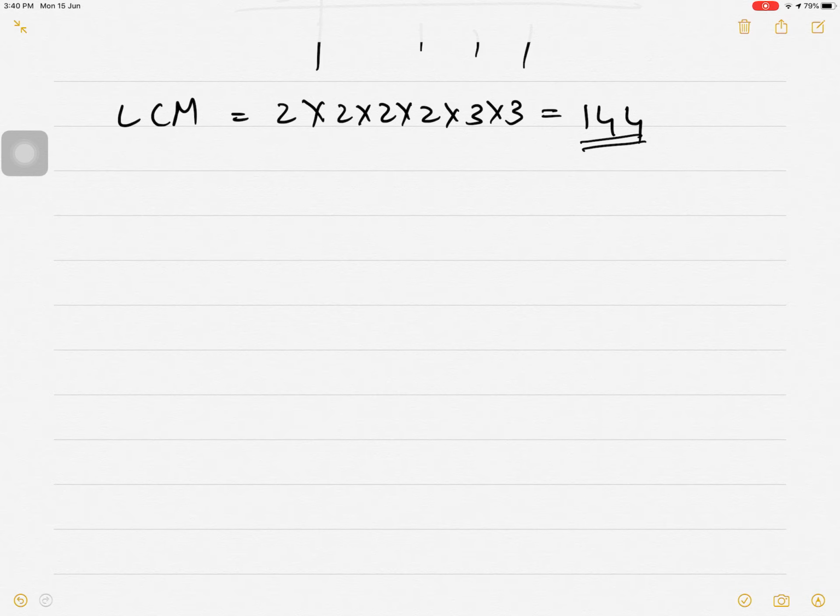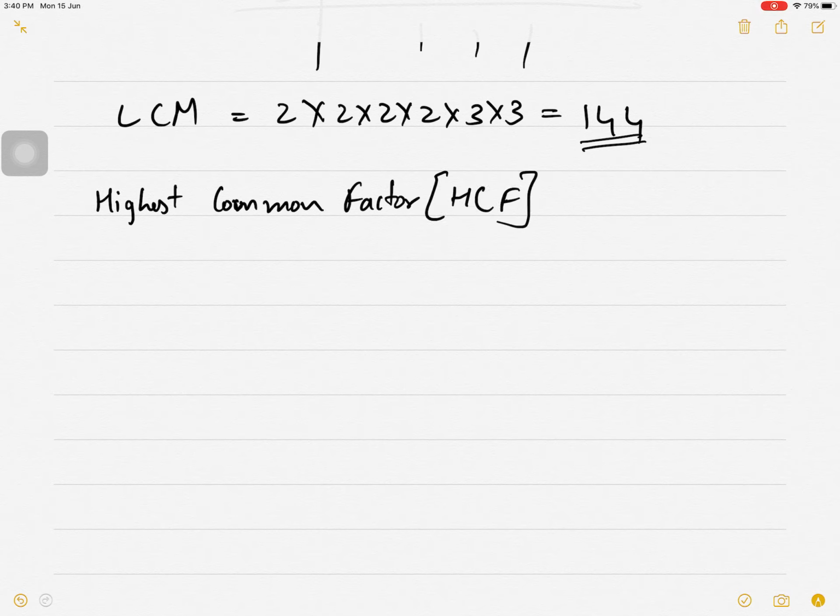Now let us solve questions of highest common factor. How to calculate highest common factor, HCF? Again, there are two methods, prime factorization method and division method.